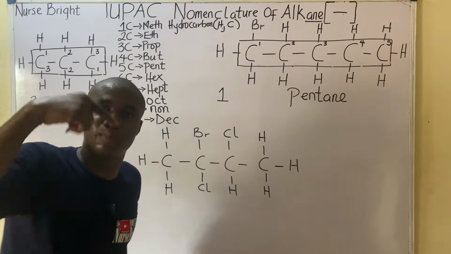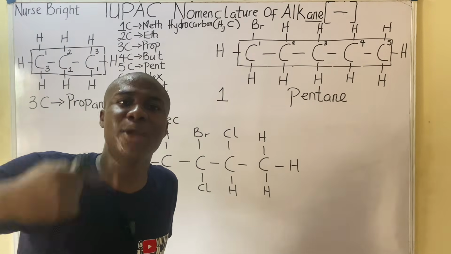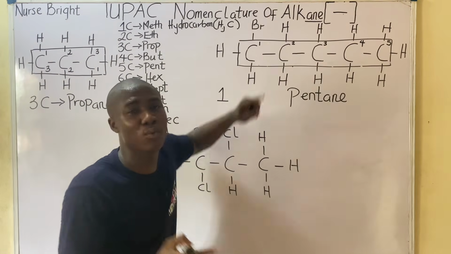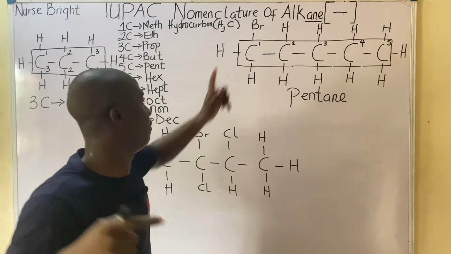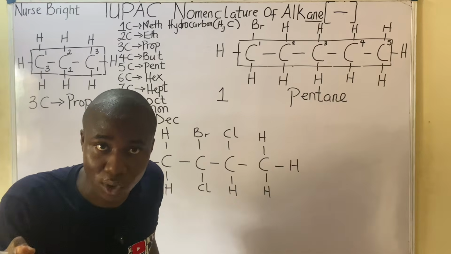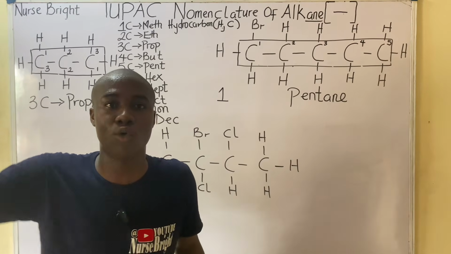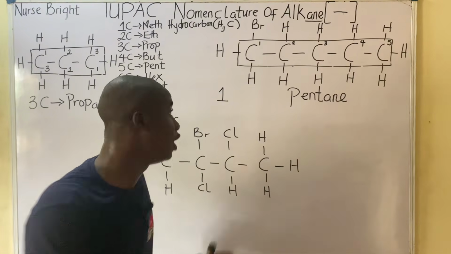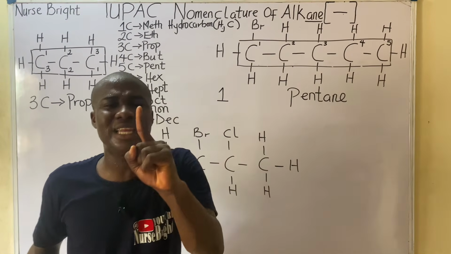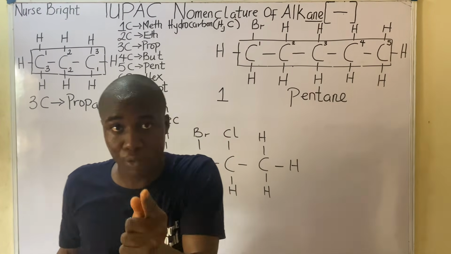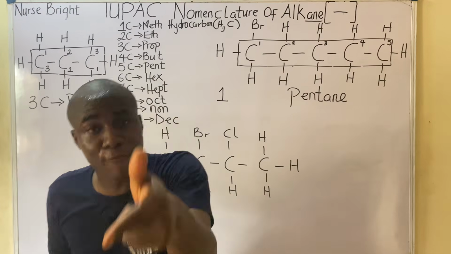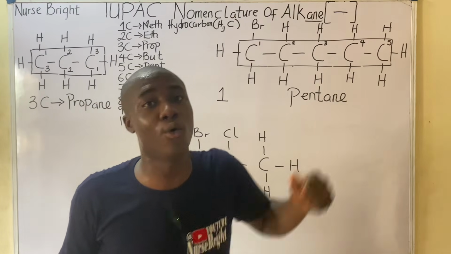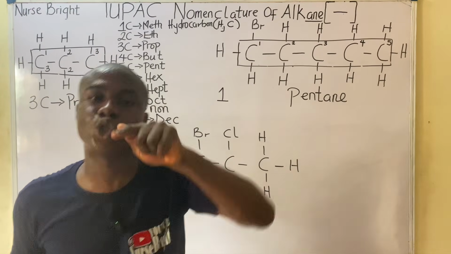And now this is bromine, but in naming organic compounds, bromine's name will change to bromo. Remember, bromine is a halogen alongside chlorine, fluorine, iodine, astatine. Astatine is radioactive. Do you understand? So bromine changes to bromo, chlorine changes to chloro, fluorine will change to fluoro, iodine as well will change to iodo.